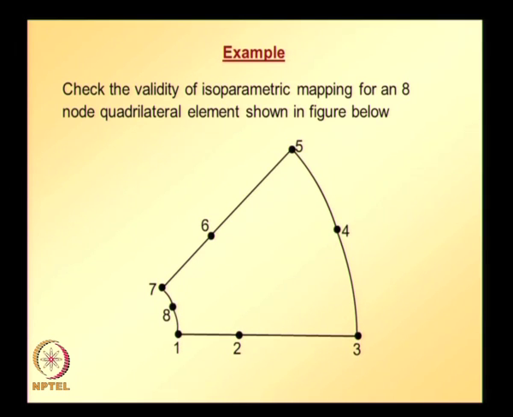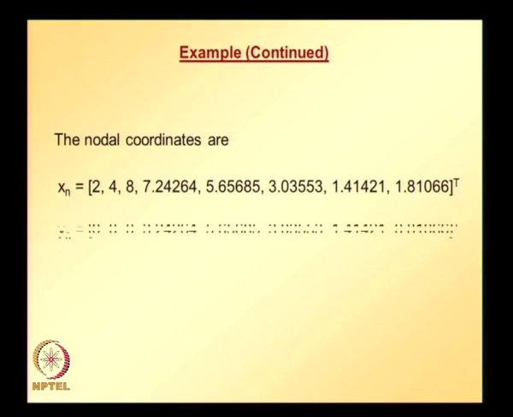This is the element, x y coordinates of all the nodes are given here, they are put in a vector xn and yn, all the x coordinates, y coordinates. The procedure for checking or to obtain the isoparametric mapping remains the same, whether it is an 8 node element or a 4 node element.